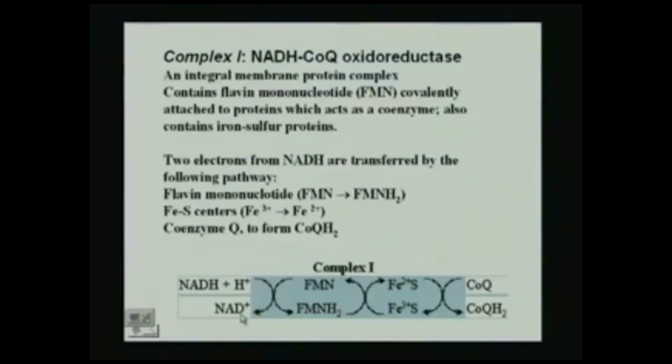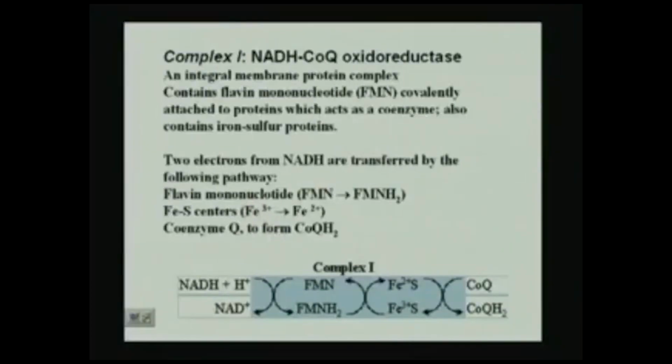So, what we are looking at here is NADH plus H plus going to NAD plus. Now, what is happening here then? There has to be some cofactor that is going to take up the hydrogens. FMN takes that up. Now, in the process of taking up the hydrogens, Fe3 plus has to go to Fe2 plus, because the H plus is going to be associated with an electron also.